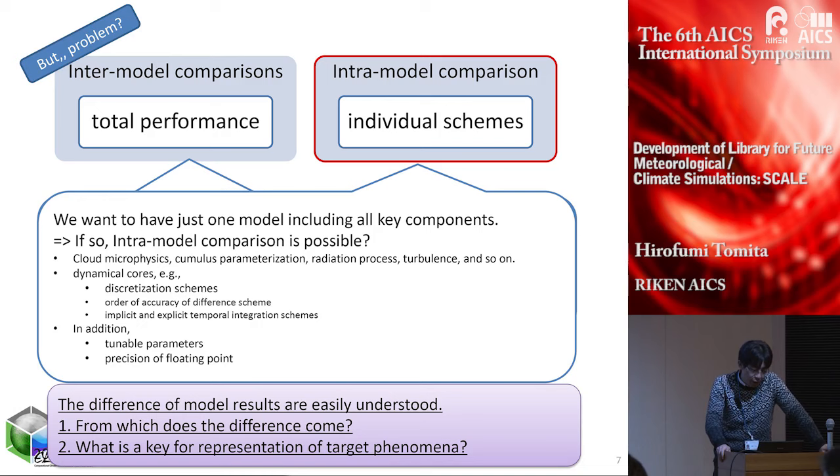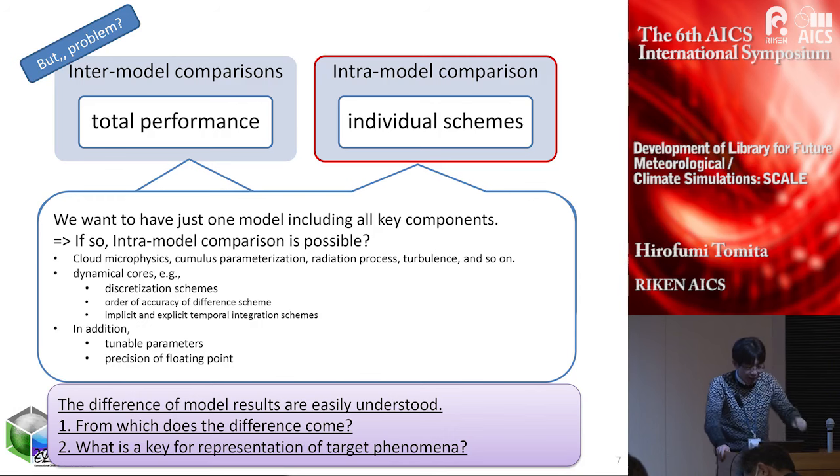There are many key components: cloud microphysics, cumulus parameterization, radiation process, turbulence, aerosol process, and the land surface model is also included. If we can make one model including all those key components, intra-model comparison is maybe possible.